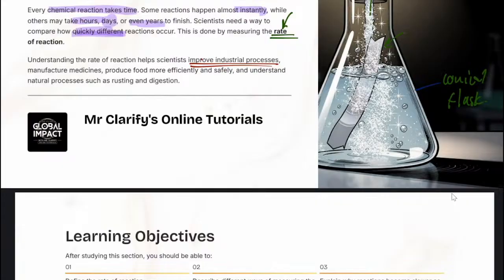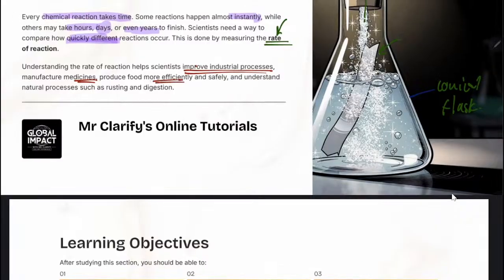We said if you're a scientist, you must know how to measure the rate so you can know how to improve the processes, how to improve manufacturing of medicine, because there are reactions happening there, how to produce food more efficiently, understand resting, understand digestion, understand all these things.